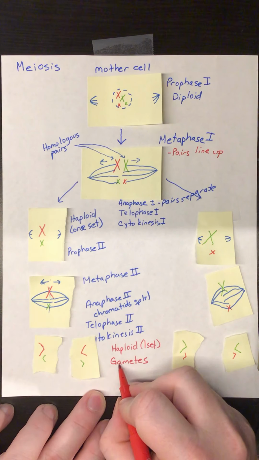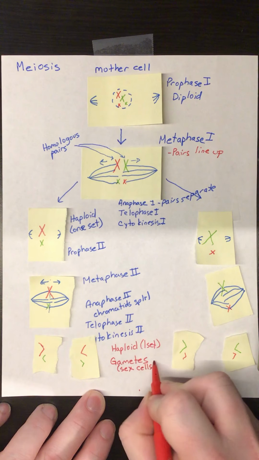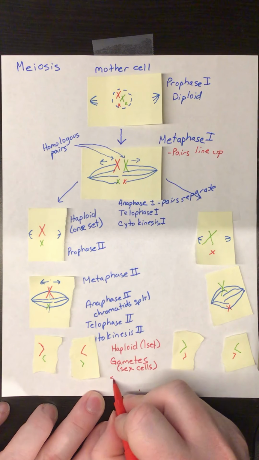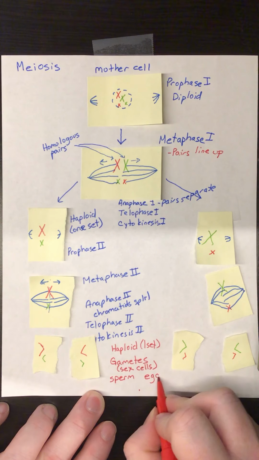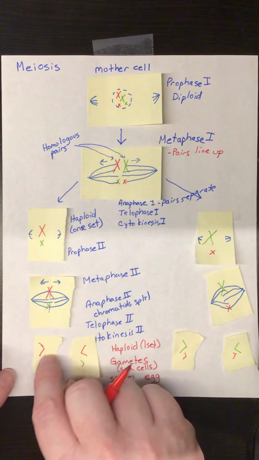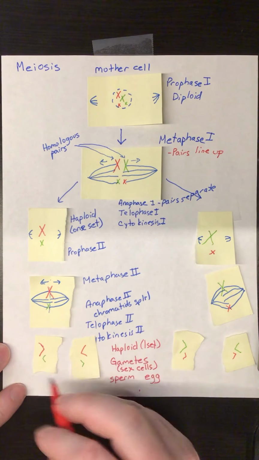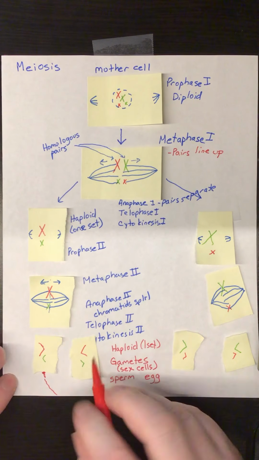So gametes are sex cells, and the sex cells are sperm cells in males or egg cells in females. So you can imagine that each of these represents now a sperm cell.